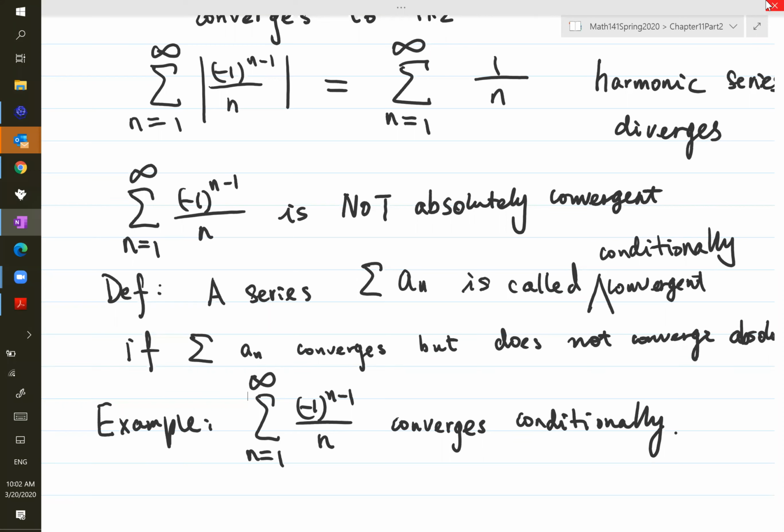Infinity has a lot of bizarre properties different from finite things. Can we switch the order of summation as we want in a series? The answer is no. In general, we cannot.